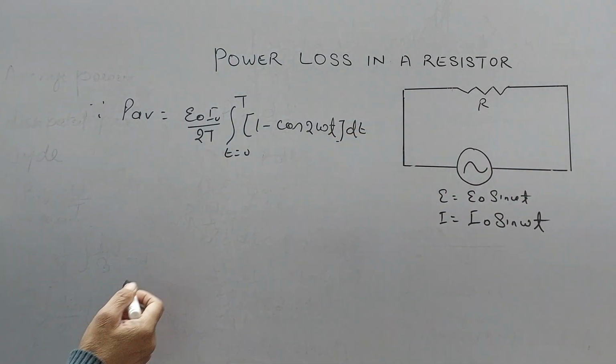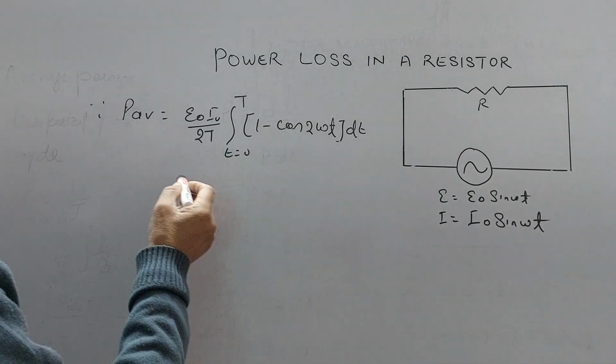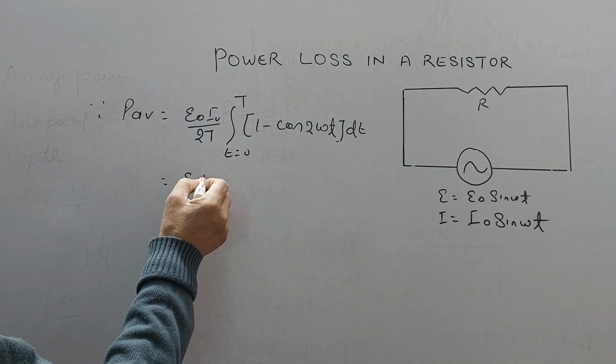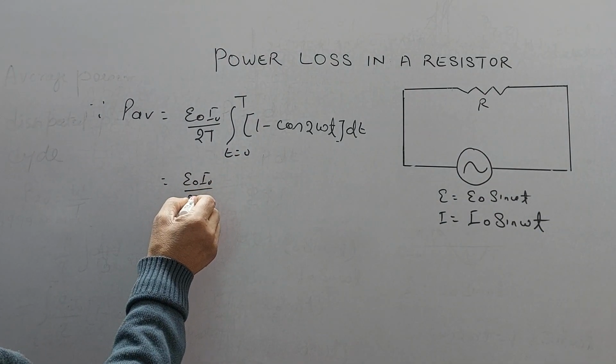Here we integrate: E naught I naught divided by 2T.